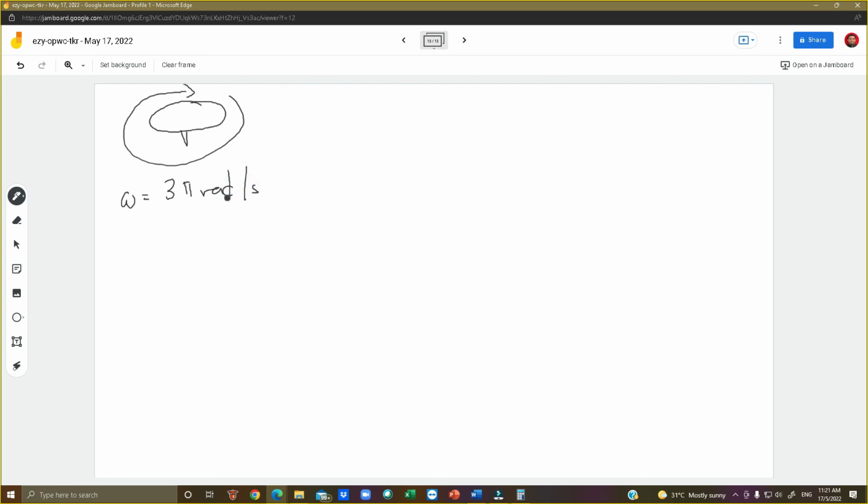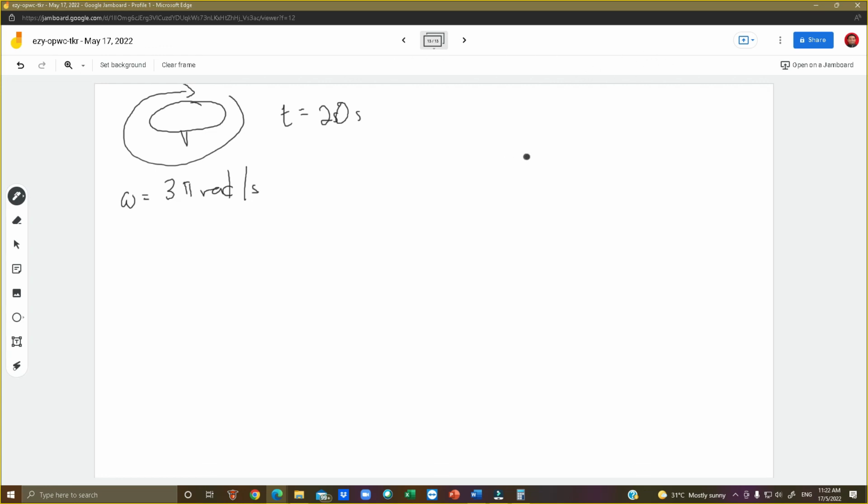Dia punya kelajuan is 3 pi radian per second, and this gasing had spun for 20 seconds. The question is, in 20 seconds, at this velocity, how many rotations or revolutions had been made by the gasing? Silakan. Berapa?